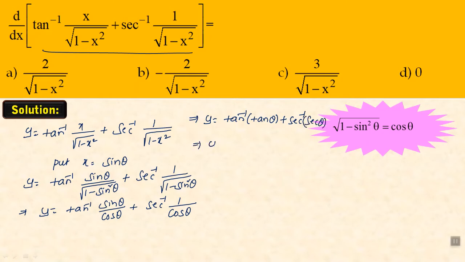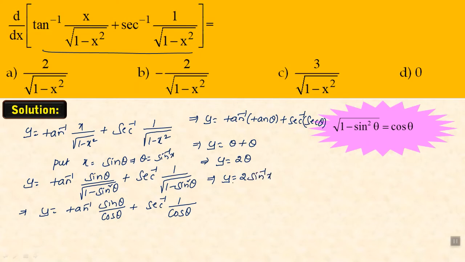This implies y is equals to tan inverse of tan theta is theta plus secant inverse of secant theta is theta. This implies y is equals to theta plus theta, that is 2 theta. This implies y is equals to 2 into, from this theta is equals to sine inverse of x. So here sine inverse of x.